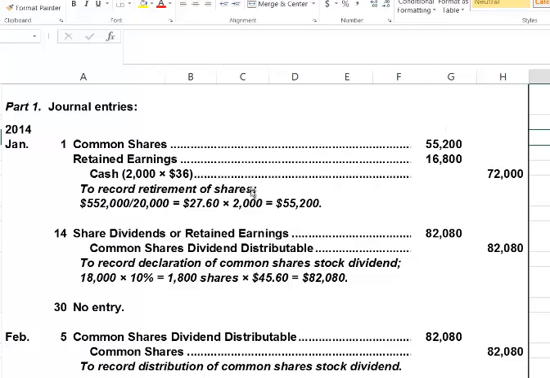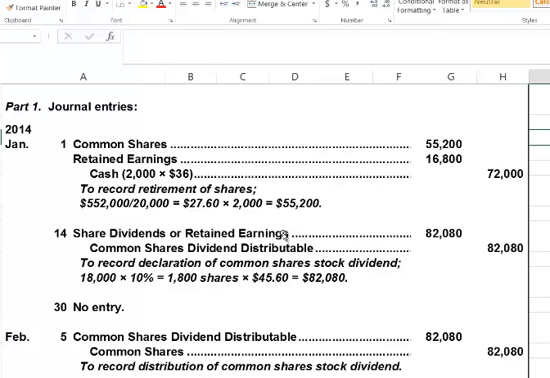Well, we know that after we bought back or retired these 2,000 shares, we have 20,000 that we had at the beginning, less 2,000 means we've got 18,000 shares that are left, right? So now we're issuing 10% of those shares in addition to the 18,000 we have, which means an additional 1,800 shares, and we're going to issue them at the declaration date price of $45.60.